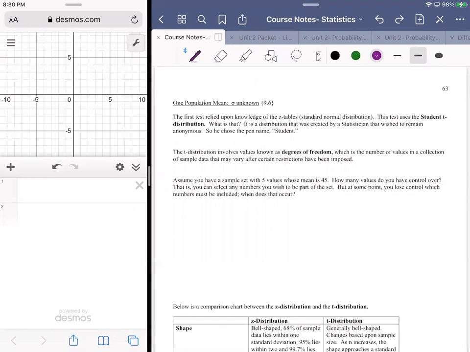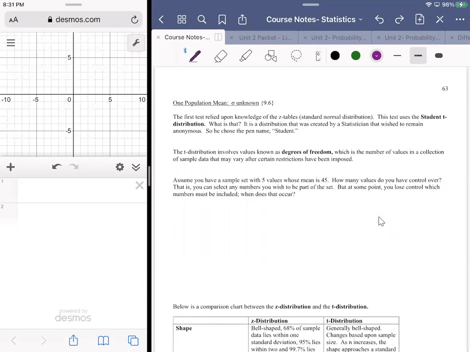What this individual wanted to do was work with small samples and draw conclusions about those small samples as they applied to entire populations, which kind of makes sense. It's sort of like what we're talking about here. And so he wrote this beautiful paper describing the student T distribution, but he couldn't use his own name because then it would be tied to Guinness.